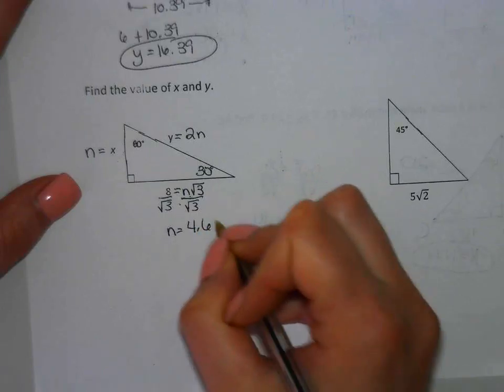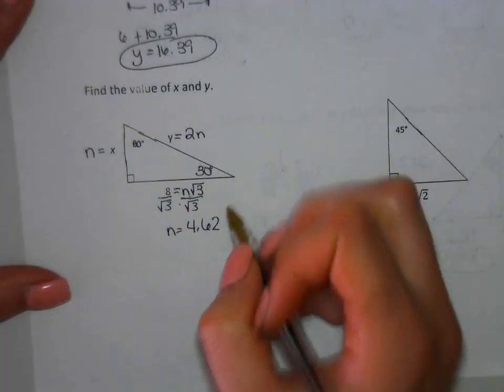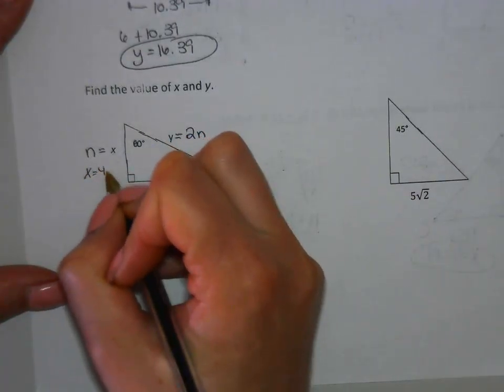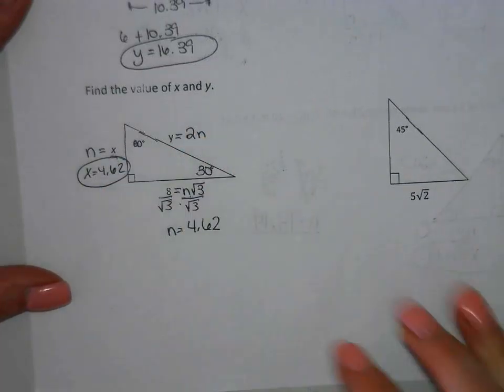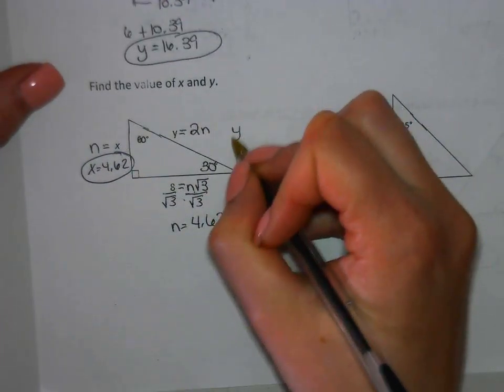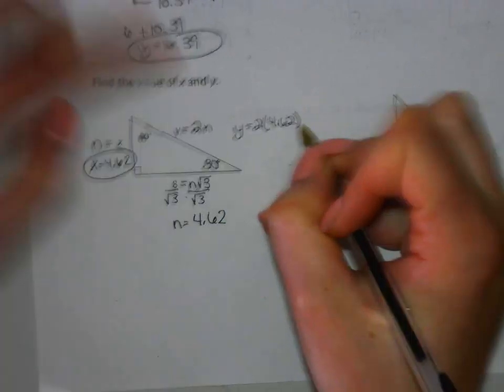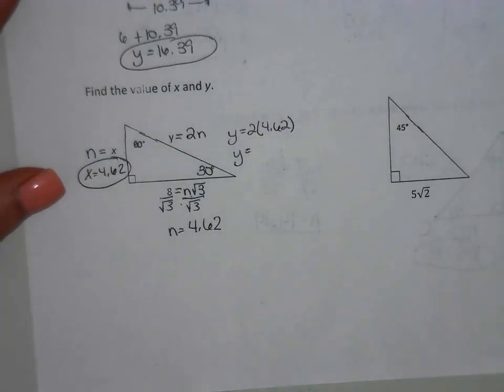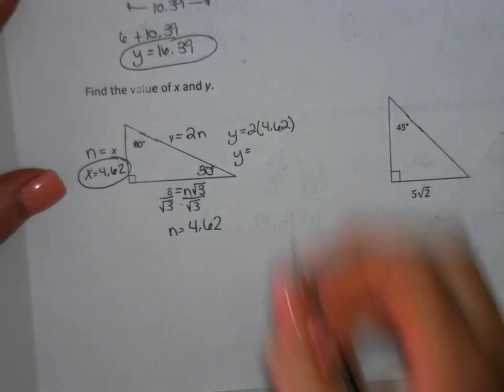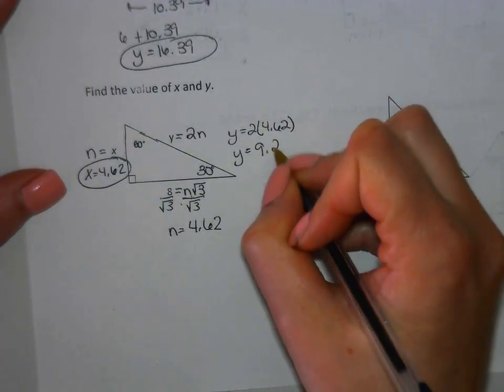It's 4 and 62/100. So x equals 4 and 62/100 because x equals n. To find y, we substitute our n with 4 and 62/100, and 2 times 4 and 62/100 is 9 and 24/100.